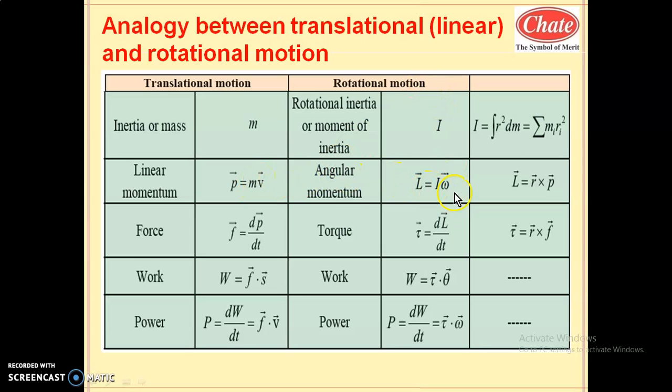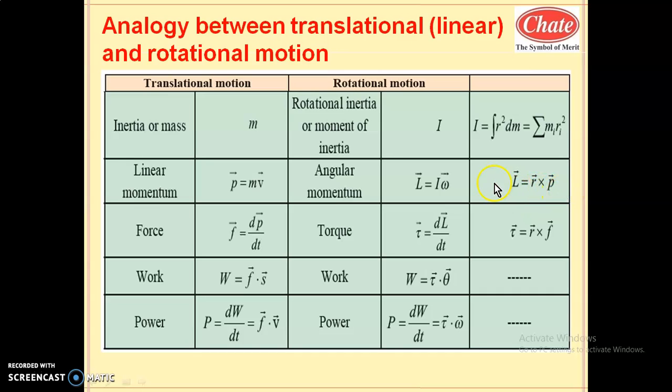Mass is analogous with I, that is moment of inertia in rotational motion, and linear momentum is analogous with angular momentum in rotational motion. Hence, angular momentum and linear momentum are related by the expression vector L equal to vector R cross vector P.